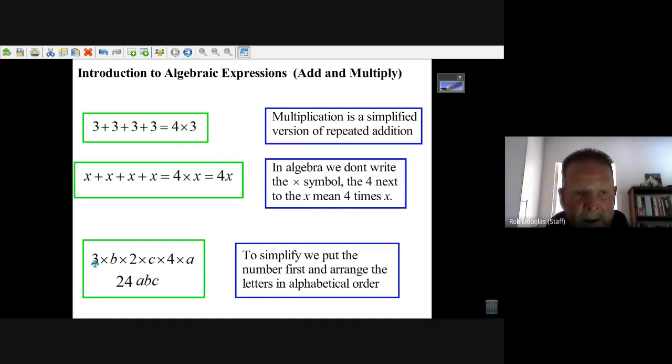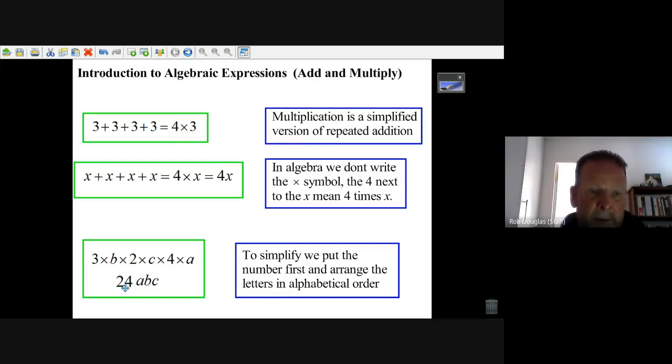But if you had something like this, 3 times b times 2 times c times 4, well, what you can do is with multiplication, you can change the order of all these things. You can just look at the numbers, the 3, the 2, the 4, and just multiply them together. You go 3 times 2, that gives you 6, and then you take 6 and you multiply it by 4.